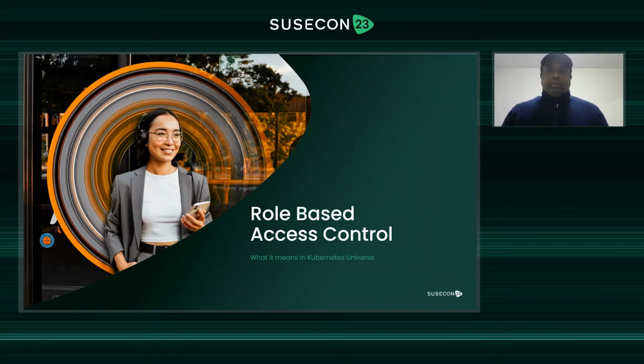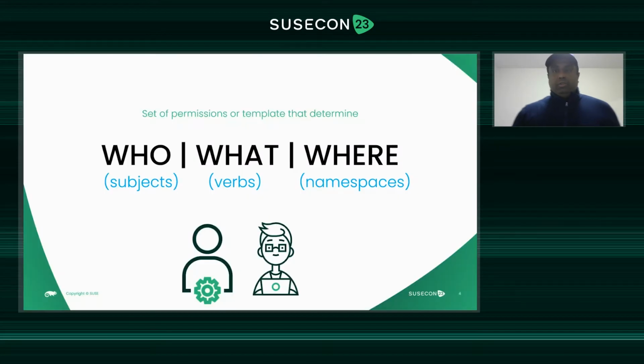Role-based access control, what it means in the Kubernetes universe. RBAC is a form of identity and access management where it involves a set of permissions or template that determine who, what, and where. Who as in the subjects. So these are the users, groups, processes that are allowed to access based on verbs, which is the what part.